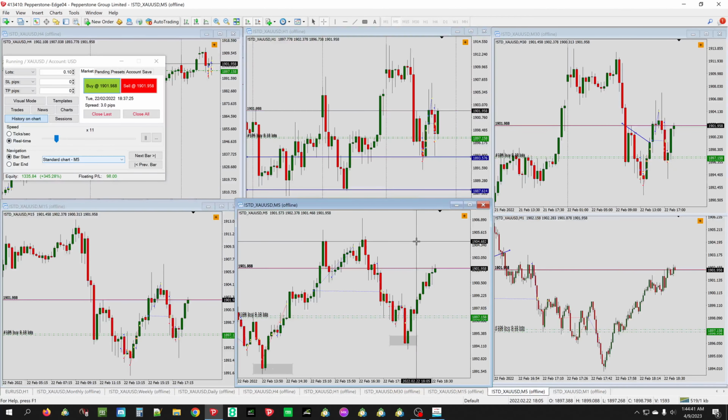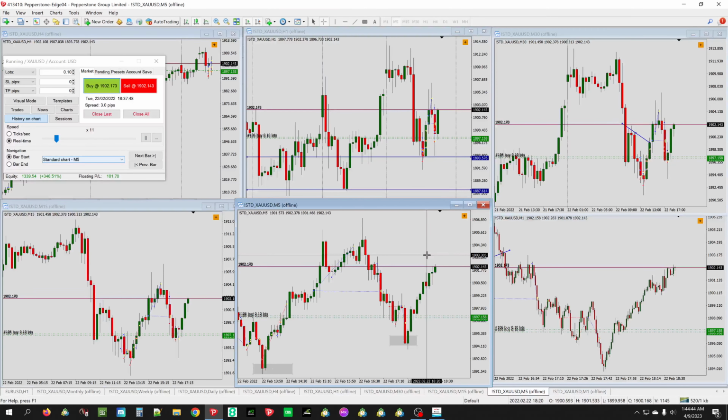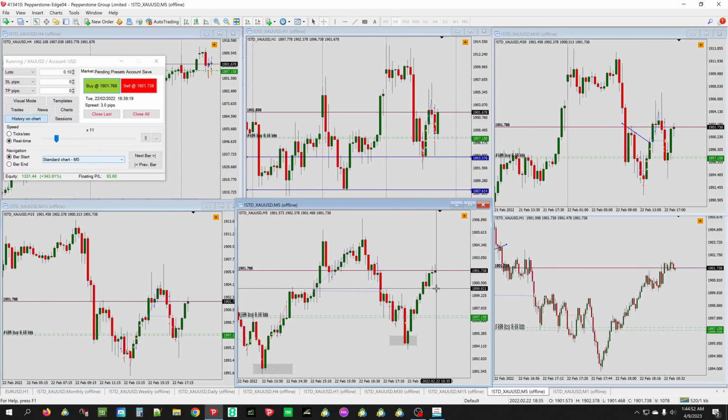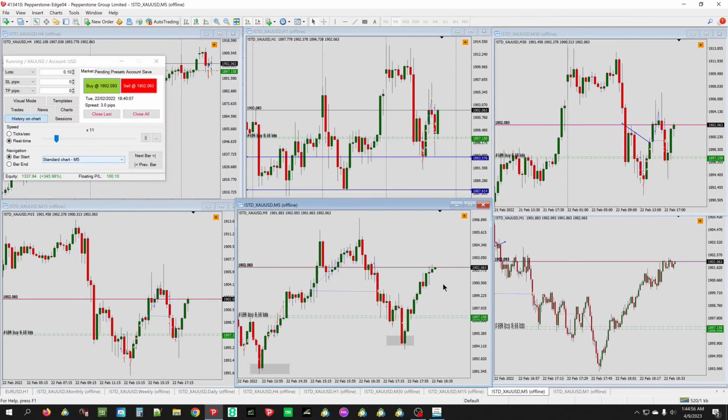I am willing to take some profits out at 1903 area and 1905 area. Other than that, I will place stop loss below these M15 lows.